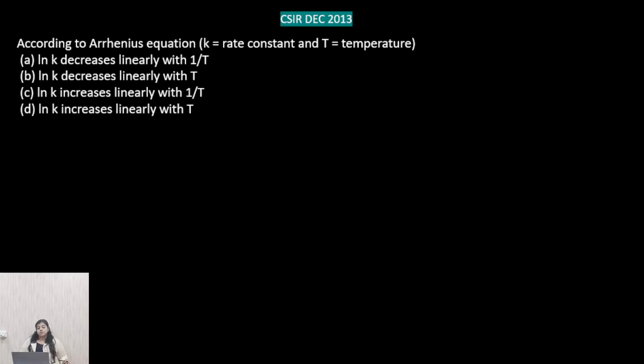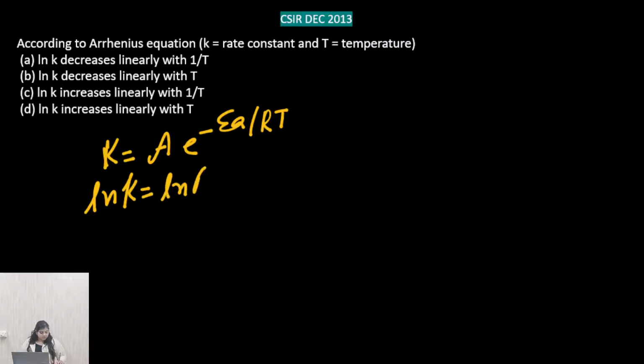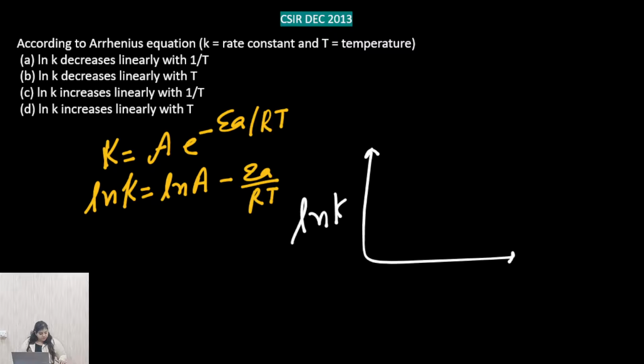The question is from the Arrhenius equation, for the plot of natural log of k versus temperature. For the Arrhenius equation, we have rate constant k equal to A into e raised to the power of minus Ea by RT. Take natural log on both sides: natural log of k equals natural log of A minus Ea by RT. So if I see a plot for natural log of k versus 1 by T, this is y equals mx plus c.